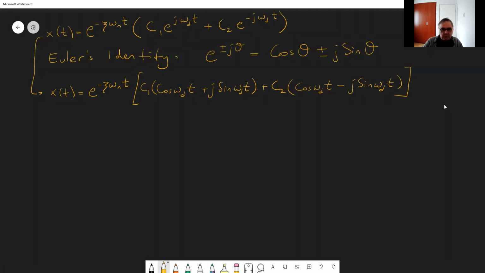But there are j terms, which I will write as follows. Again, e to the minus zeta omega n t, bracket. Now, cosine terms are together, so you have c1 plus c2 times cosine omega d t, plus j times c1 minus c2 times sine omega d t.